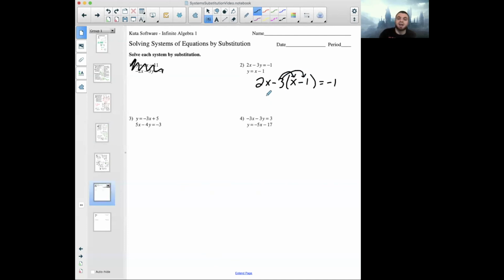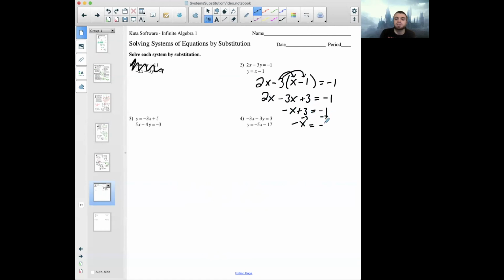Okay, now I'm going to do 2x minus 3x. Now the negative times the negative is plus 3 equals negative 1. Then 2x minus 3x equals negative x. So negative x, and then I'm going to minus 3.